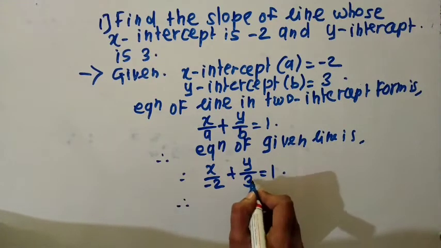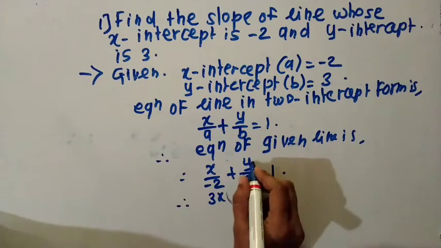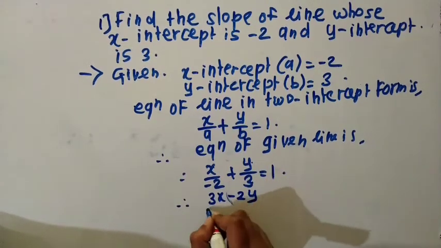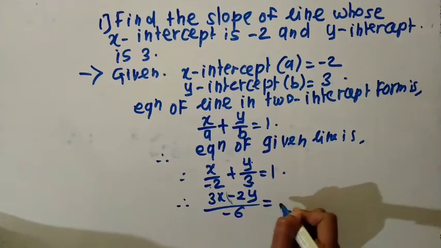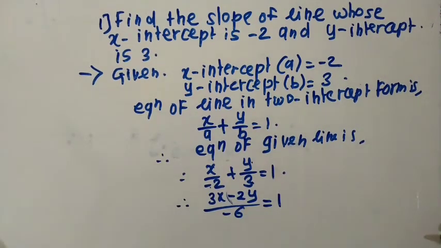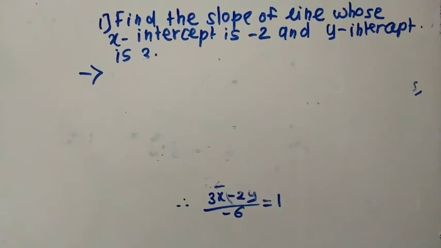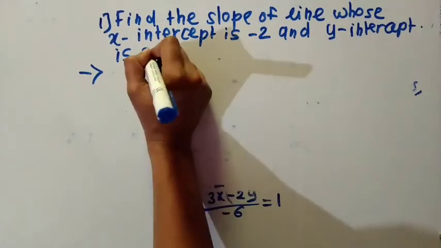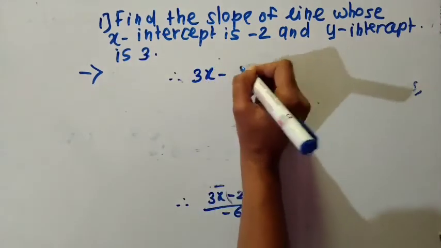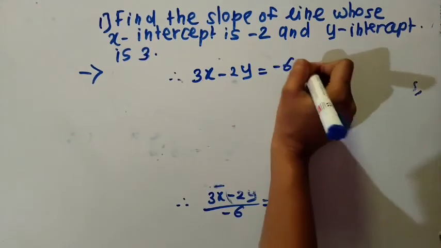Then we get 3 into x, 3x, minus 2 into y, minus 2y is equal to minus 2 into 3, minus 6. Hence we get 3x minus 2y is equal to minus 6.